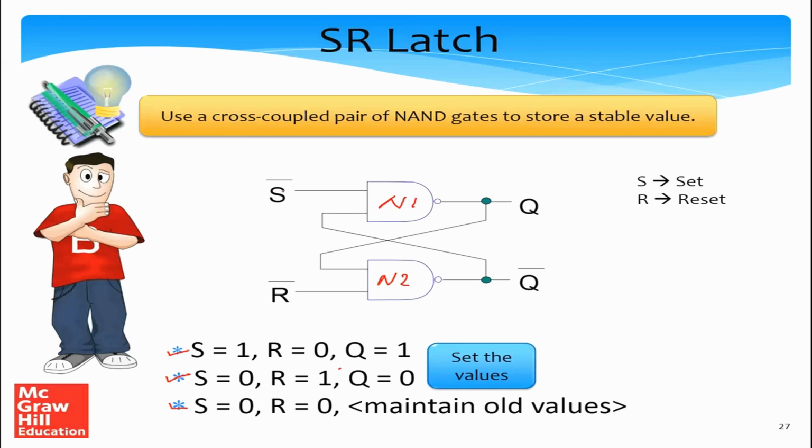So if S is 0, then 0 complement is equal to 1, and if R is 0, R complement is equal to 1. Right? So as a result, we will not be sure about the output of the NAND gate. So it depends on what we have. So let's consider the first NAND gate. So in this case, the input is equal to the Q bar, and in this case, the input is Q.